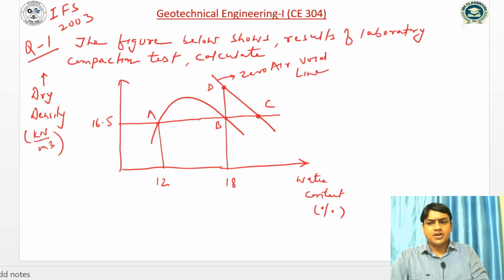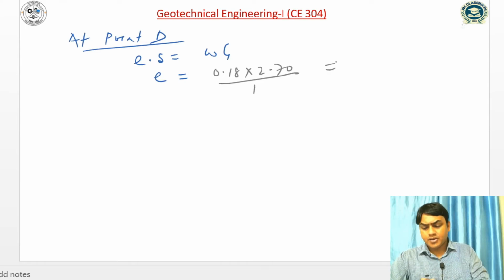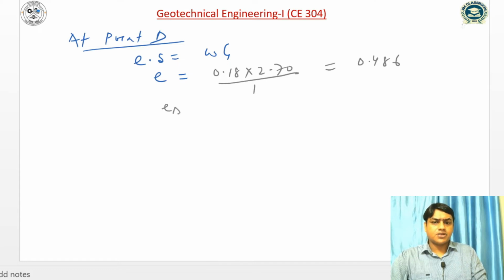Water content is 18%, so it will be 0.18 into 2.7 divided by 1, so it is 0.486. So the void ratio at D is 0.486.